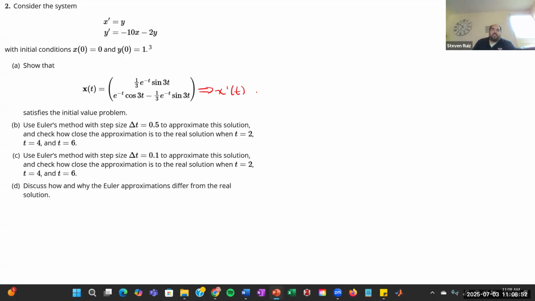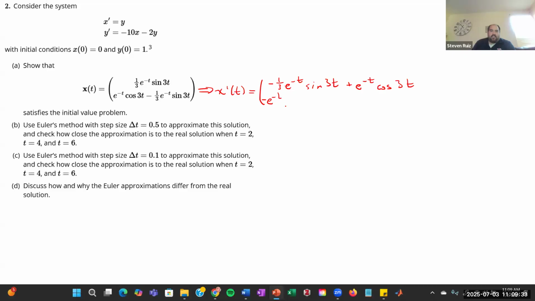So x prime of t is equal to, I believe we're going to need product rule for each of these. So let's handle the exponential first in each of these. So negative 1/3 e to the negative t sine of 3t plus 3 times 1/3 e to the negative t cosine 3t. All right. Now let me make sure I have enough room to do the rest of this. Okay.